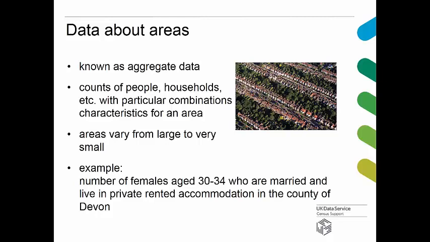So the ability to get these data at such small areas is a unique feature of the census. It allows researchers to reliably compare different areas. So an example of census aggregate data is the number of females aged 30 to 34 and married and living in private rented accommodation in the county of Devon. All of this data, it's not a sample, it's kind of the full counts.